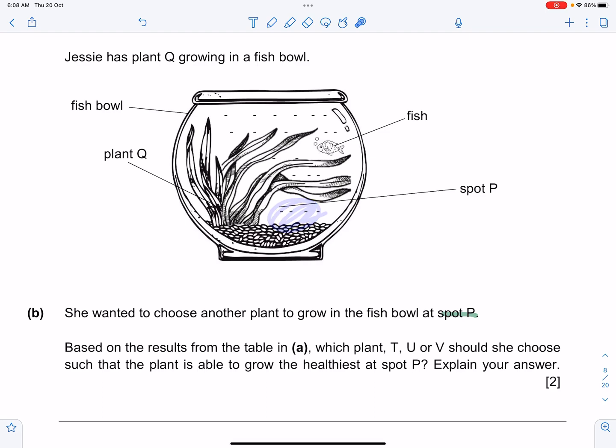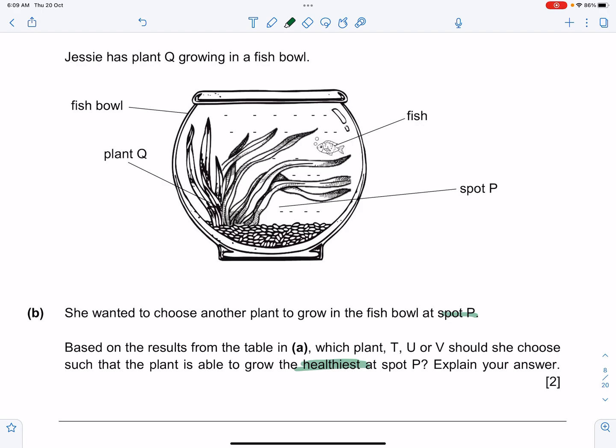So when you take a look at spot P, what is so interesting about here is the question is talking about healthiest, right? Not just healthy, but healthiest. So best possible plant that can survive this. Now, when we talk about healthiest for plants, we tend to think that it's able to grow, right? And when we think about it being able to grow, it needs food, it needs energy. And we think about food, we think about a plant being able to photosynthesize more.